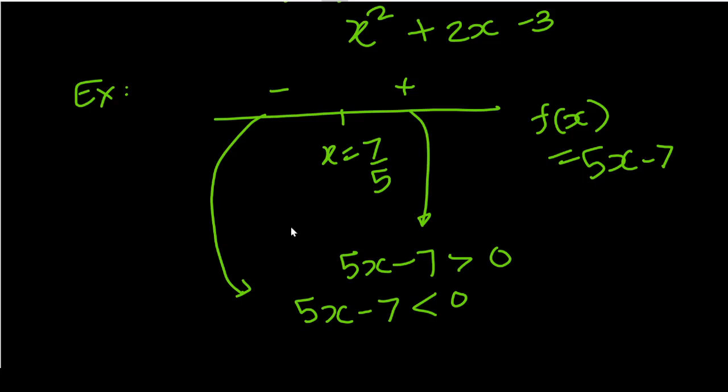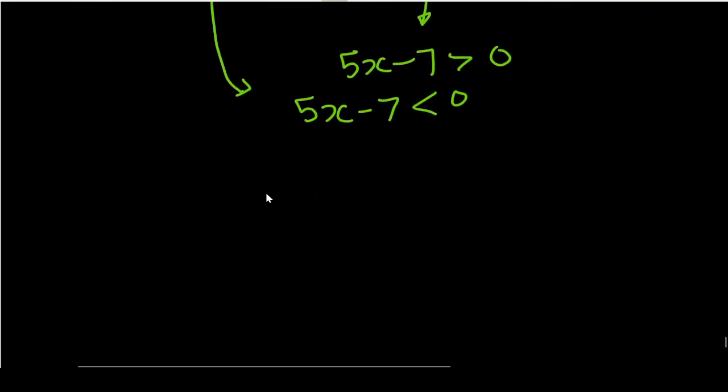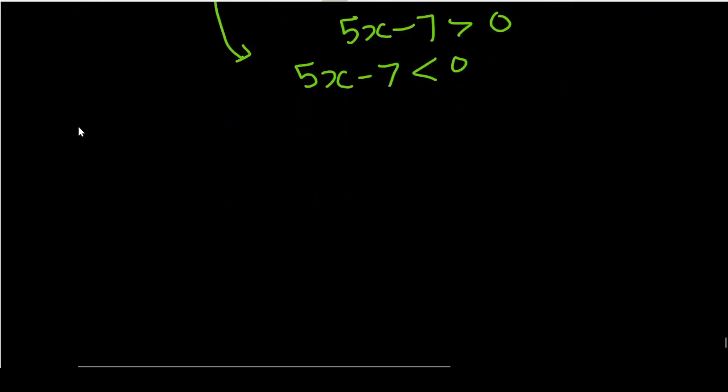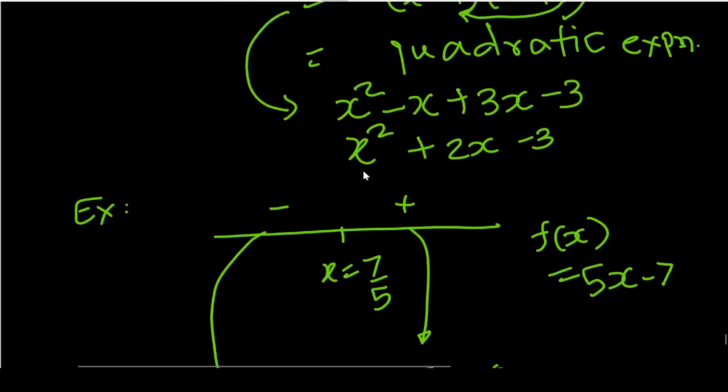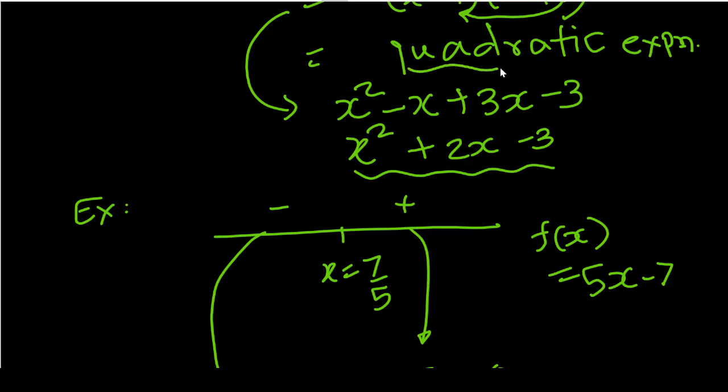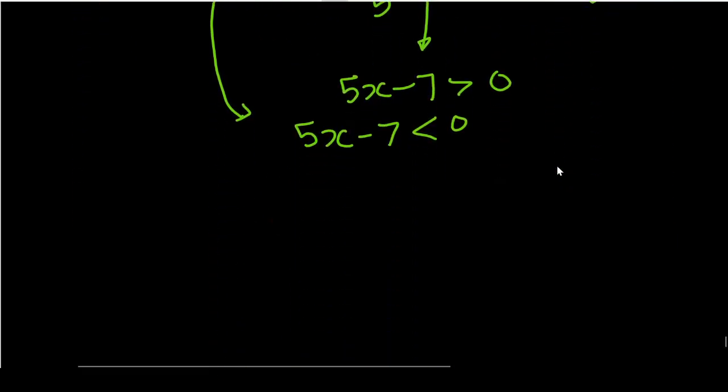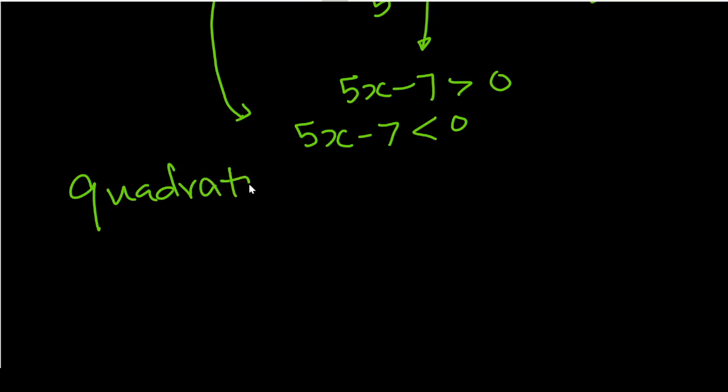Now again moving on to quadratic. Slowly, gradually we are moving from linear to quadratic inequality, but before that what we saw was a kind of quadratic expression. What is a quadratic equation? A quadratic equation is when you equate it to 0.